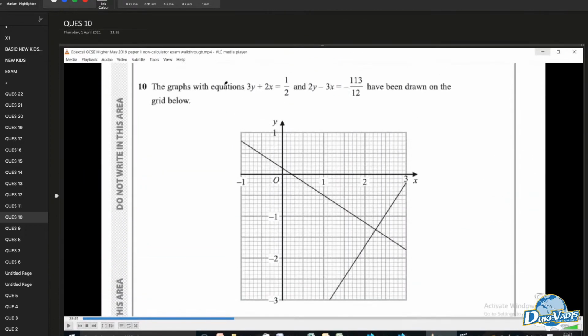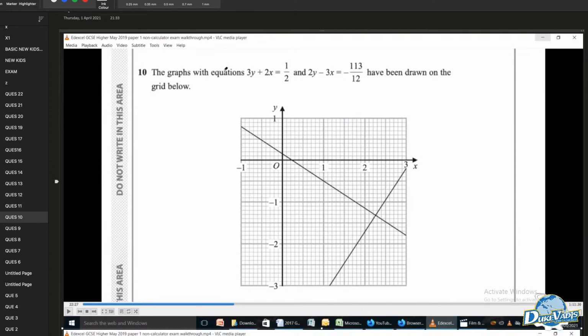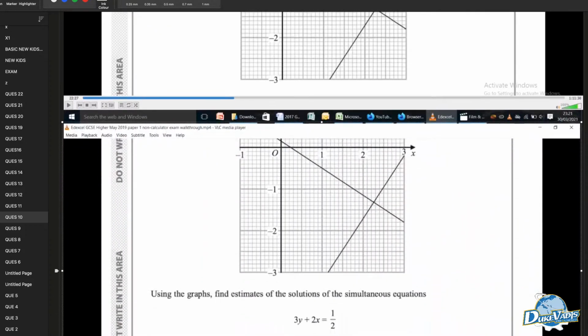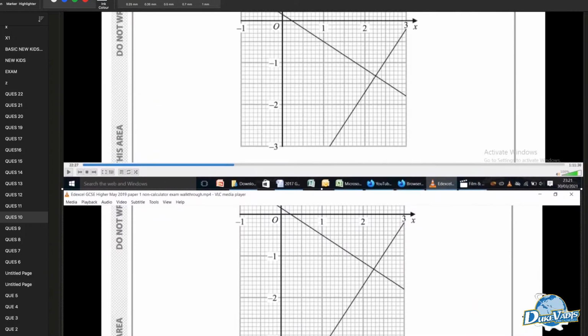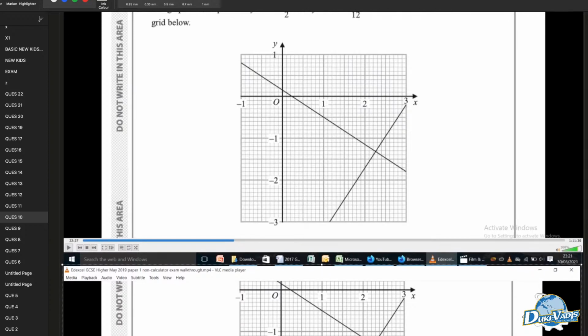The graphs of the equations have been drawn in the graph below. Using the graph, find an estimate of the solution of the simultaneous equations. See friends, this is also quick. So what do we do?